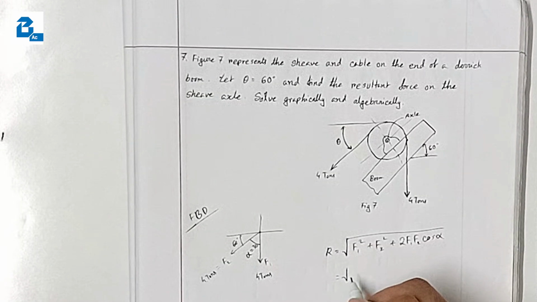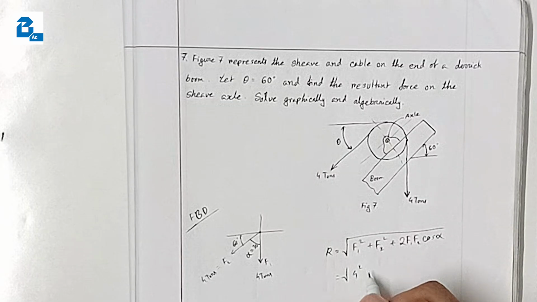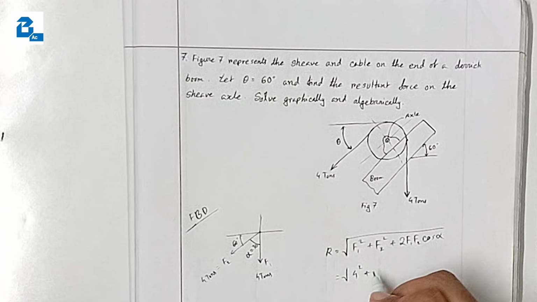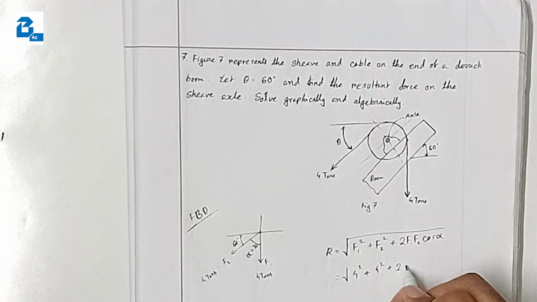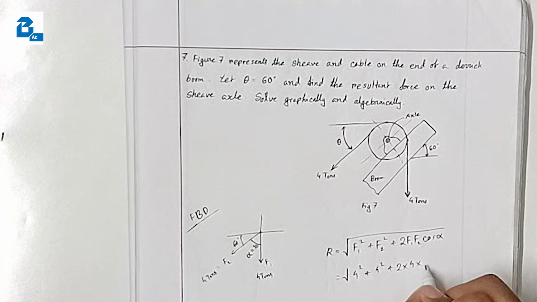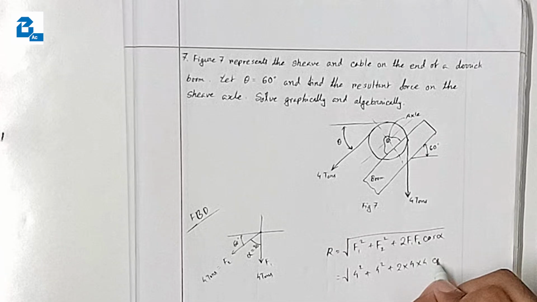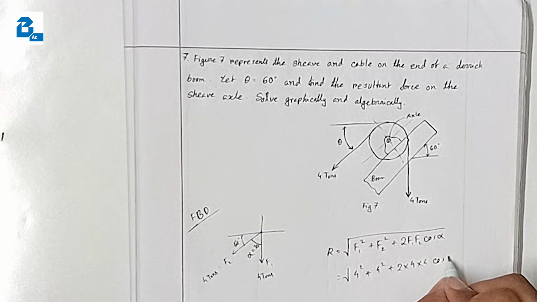Then we get F1, which is 4 tons, squared, plus F2, which is also 4 tons, squared, plus 2 into F1 into F2 cos alpha, which is 30 degrees.